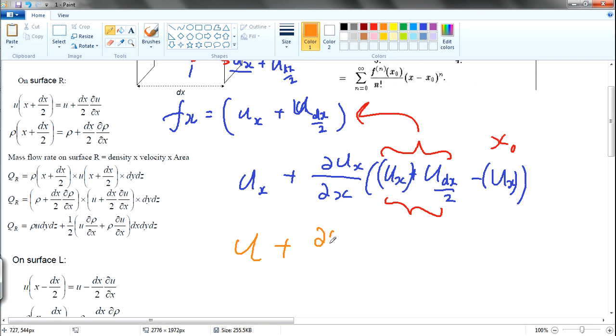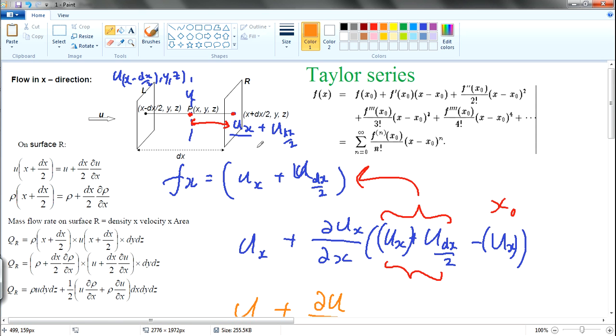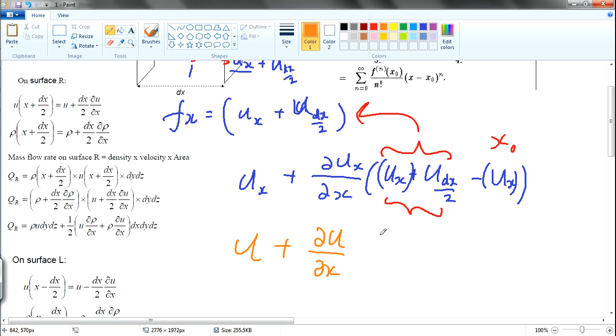This x is simply telling you the position, the change of this position to this position. That's the meaning. And then multiply by u at x plus dx over 2 minus u at x. So you have u dx over 2, right? So it's a little different from what is shown here.